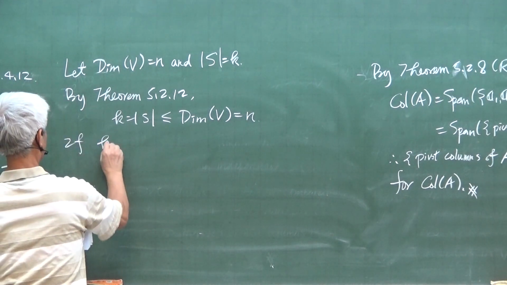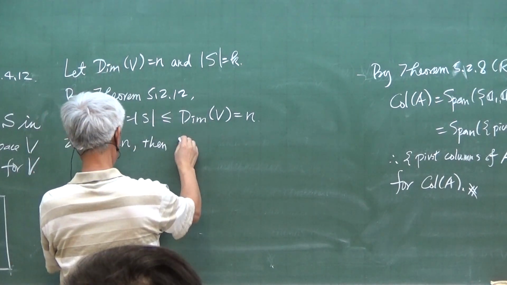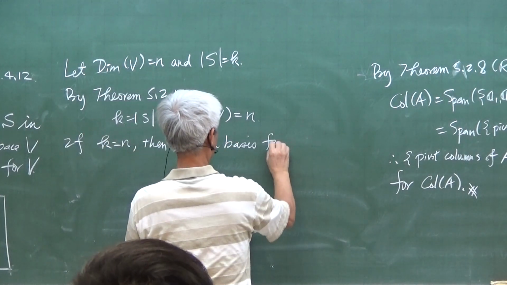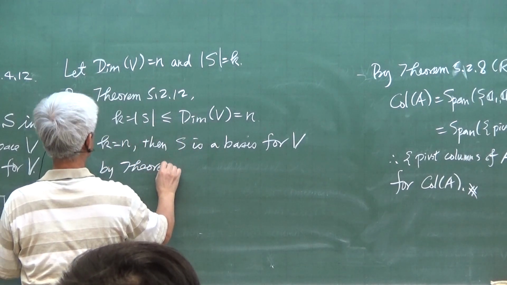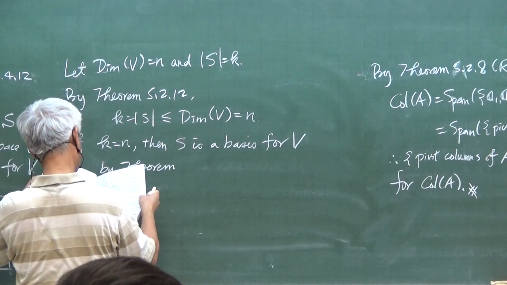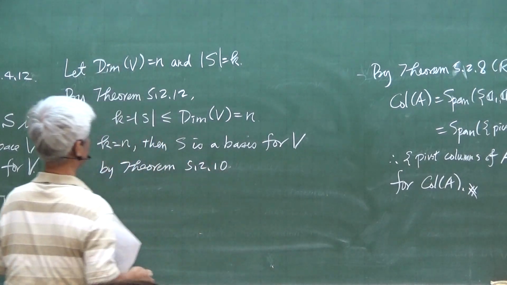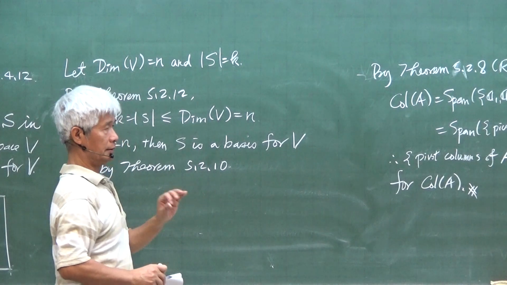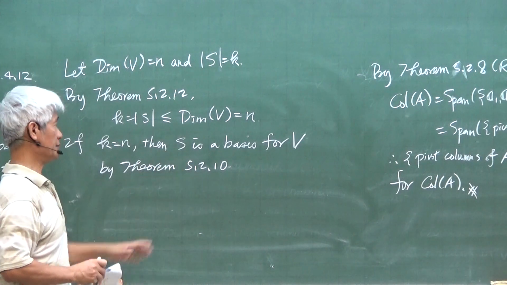Now, if k equals n, then S is a basis for V, again by theorem 5.2.10: if we find a linearly independent set whose size is the same as the dimension of V, then this linearly independent set is a basis.